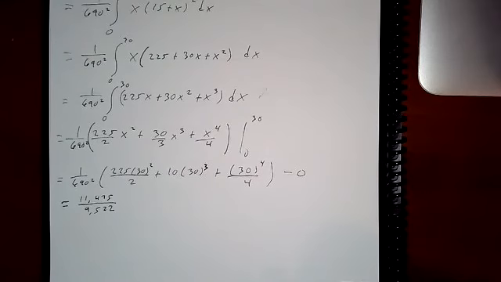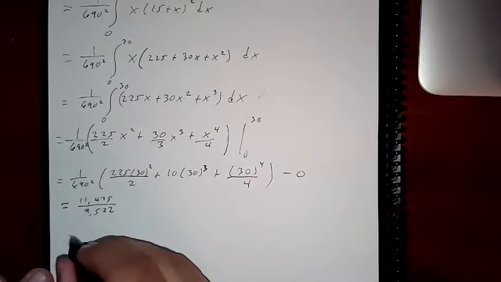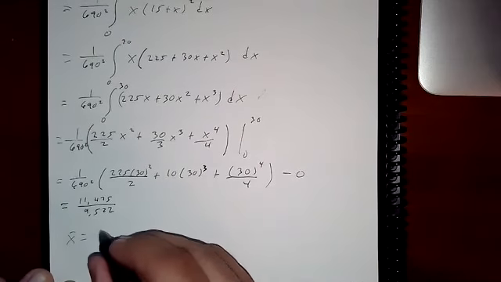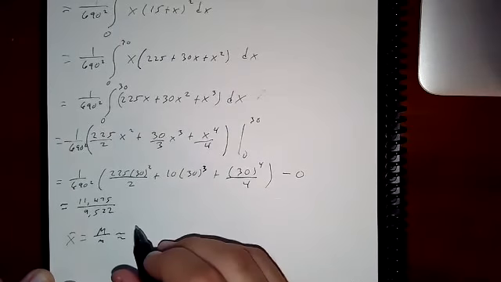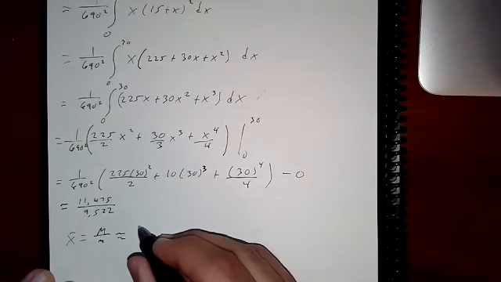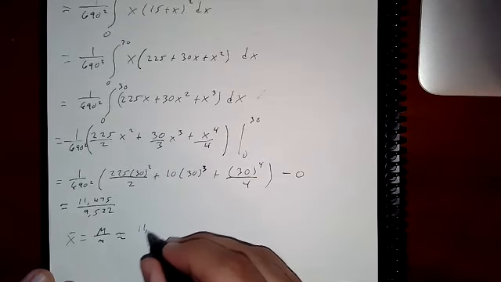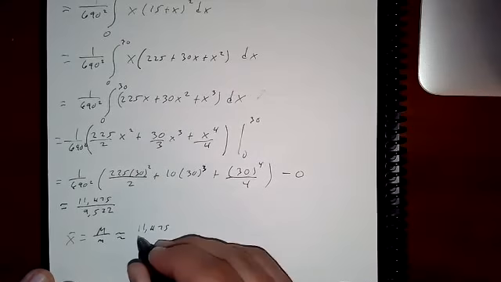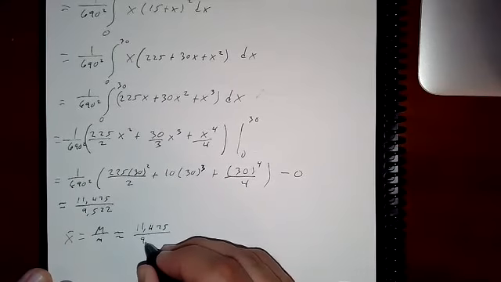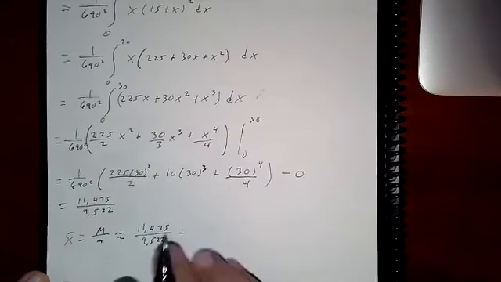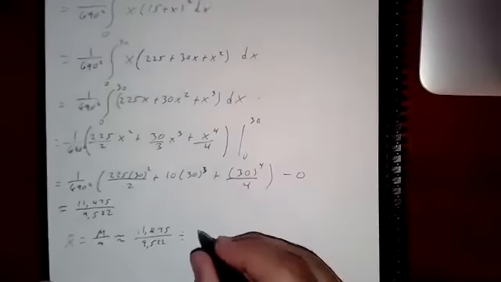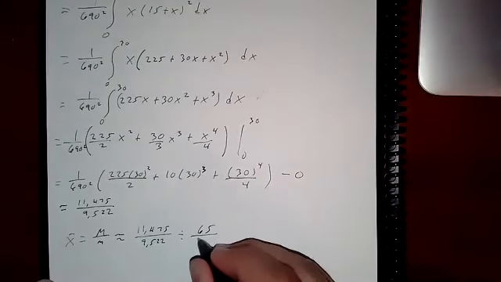So now we can answer the question, finally. X bar is equal to capital M over little m, which will be approximately these funky numbers, right? 11,475 over 9,522 divided by the little m, which we found to be 65 over 1058.